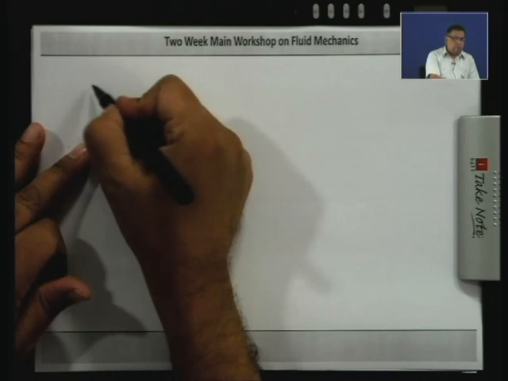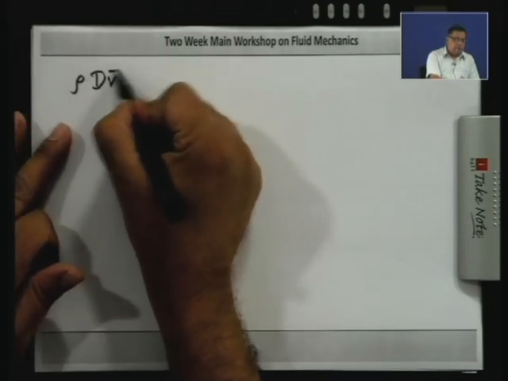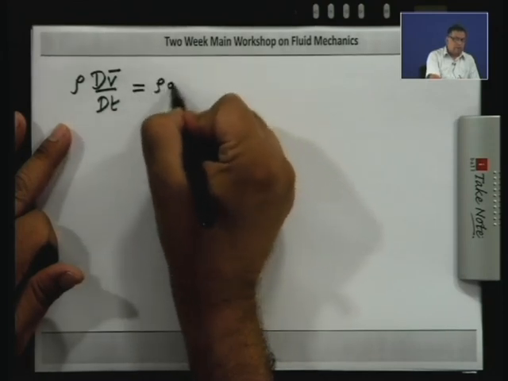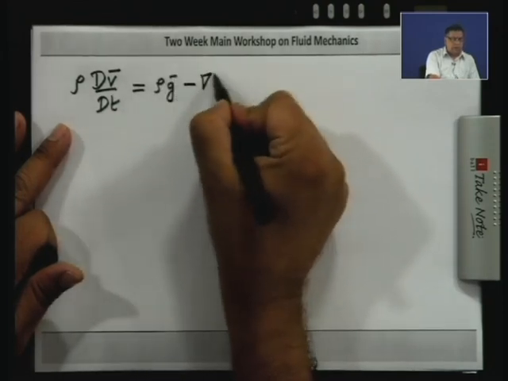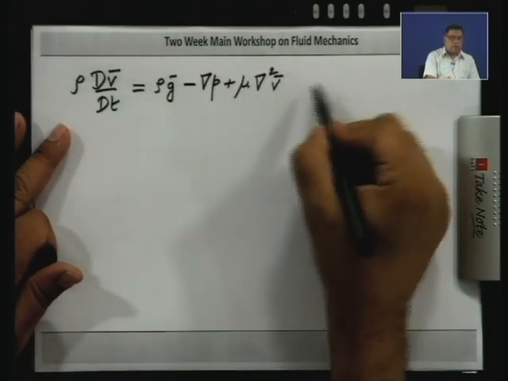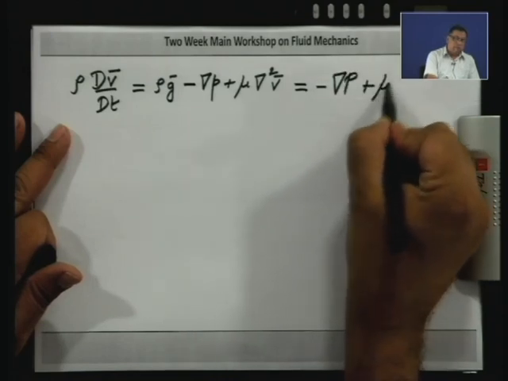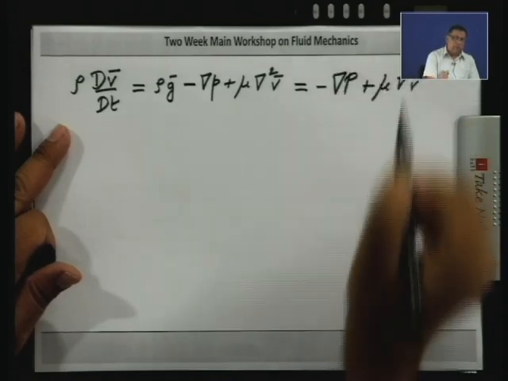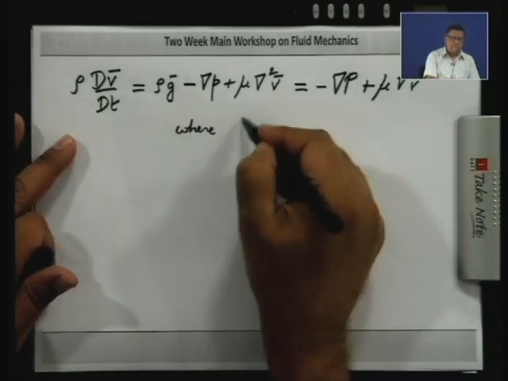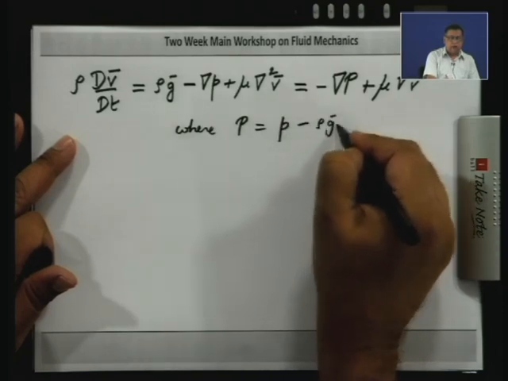Well, if you go back to the Navier-Stokes equations, I will write it in this form: rho dV/dt, which is acceleration, is rho g minus grad p plus mu Laplacian of v. So, this then we can write as minus grad of capital P plus mu Laplacian of v by introducing this capital P, which is the small p minus rho g dot r.